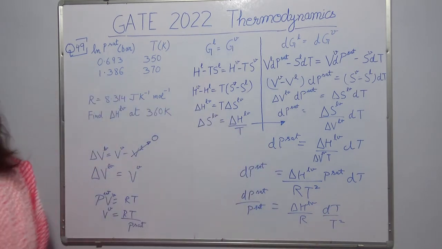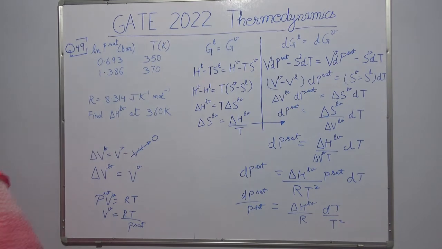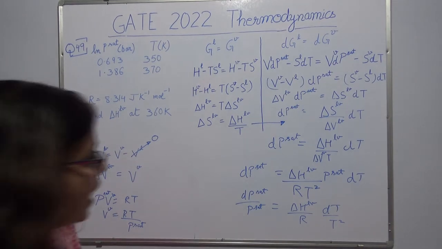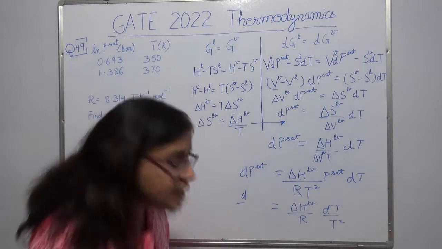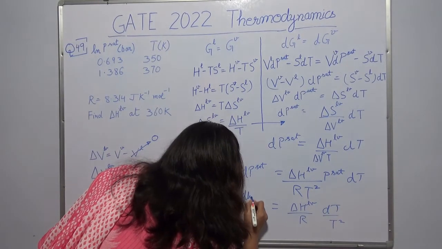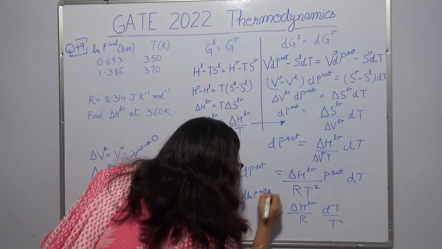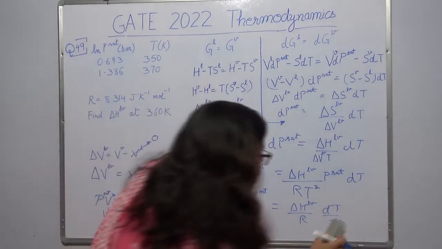I will do some mathematical manipulation. Instead of writing it as dPsat by Psat, I can write it as d of ln Psat, and that is equal to dT upon T square.